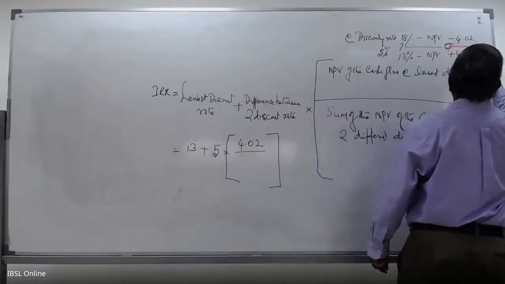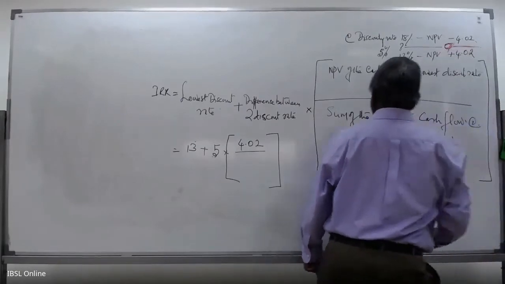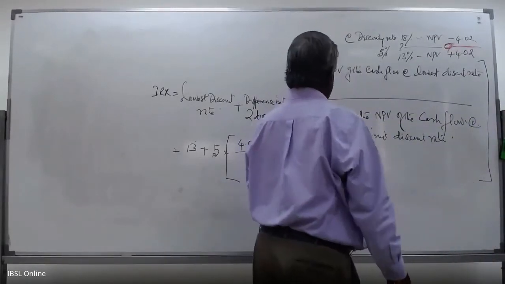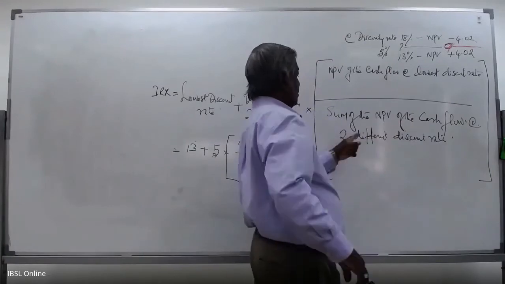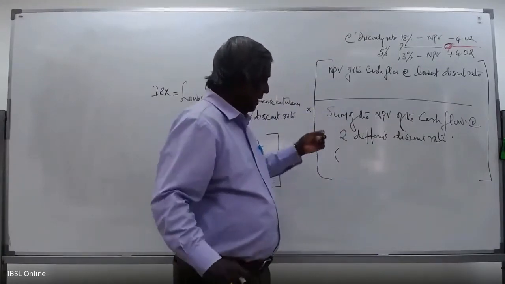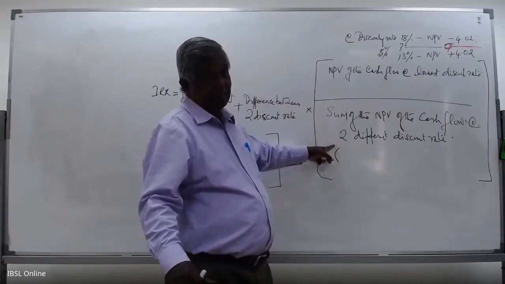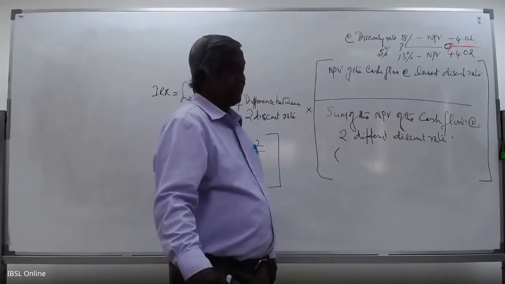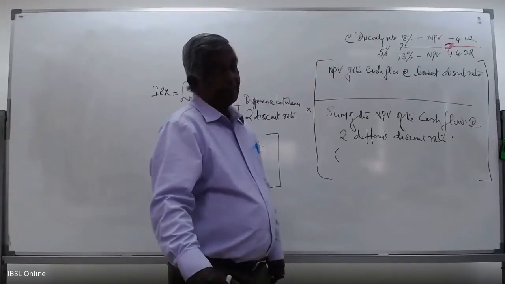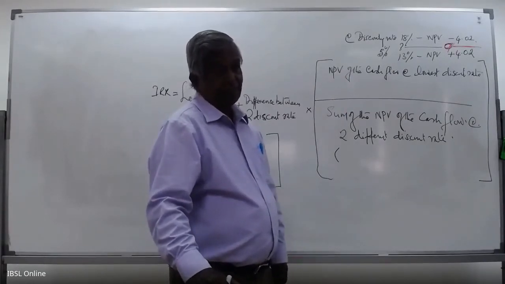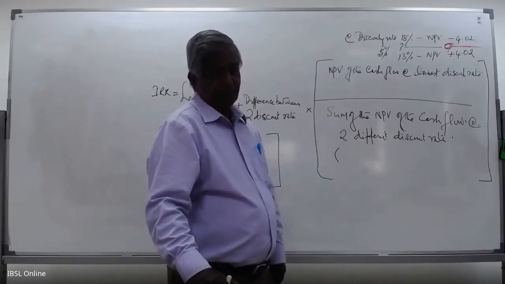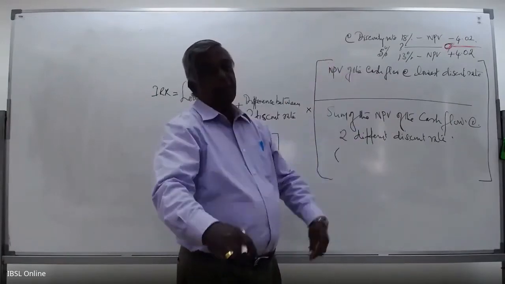Bracket close. Here, the sum of the NPV of the cash flow at two different discount rates: 18% and 13%. At 18% the NPV is negative 4.02. At 13% the NPV is plus 4.02. If you take the sum, what will happen?